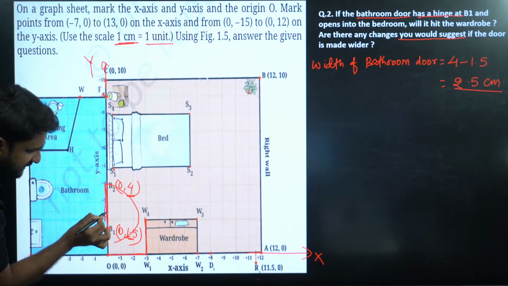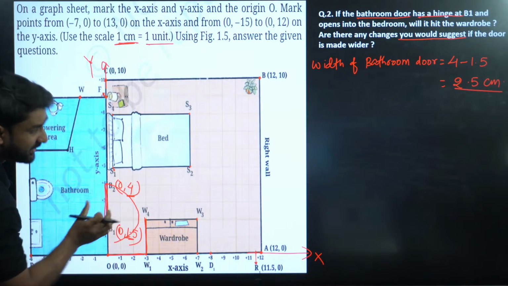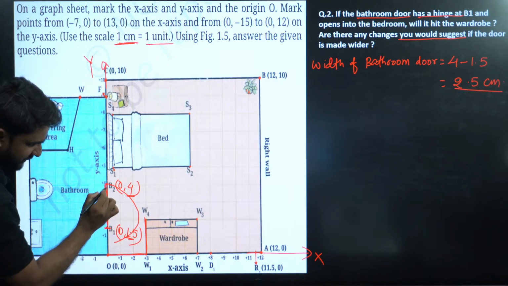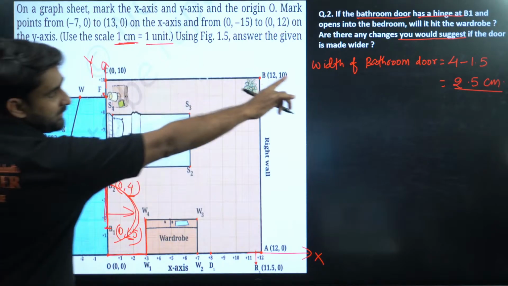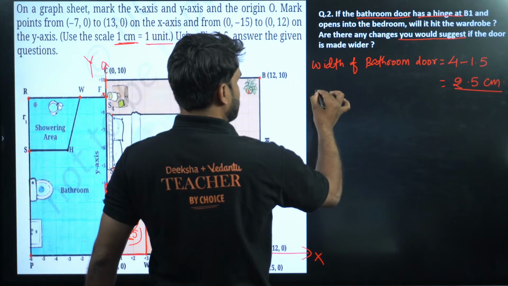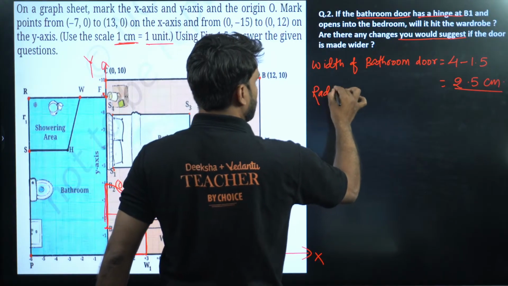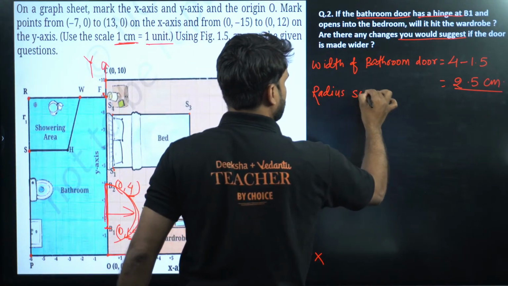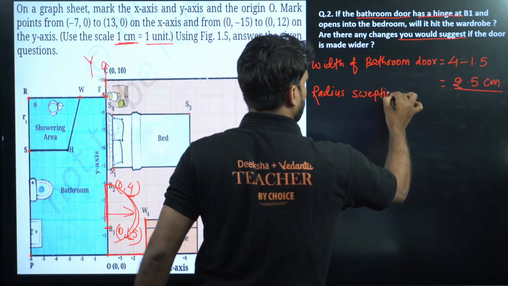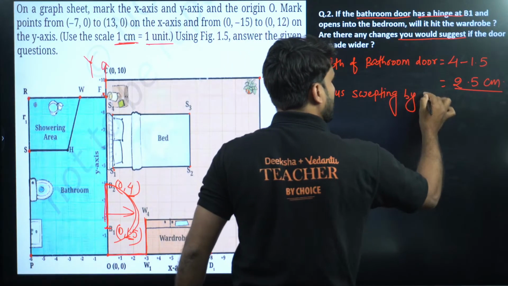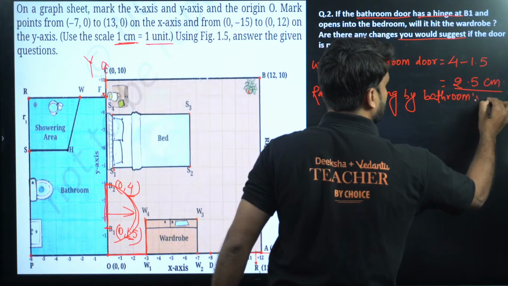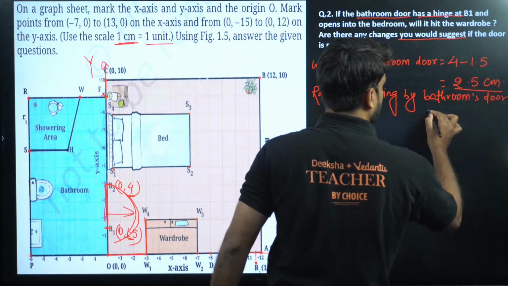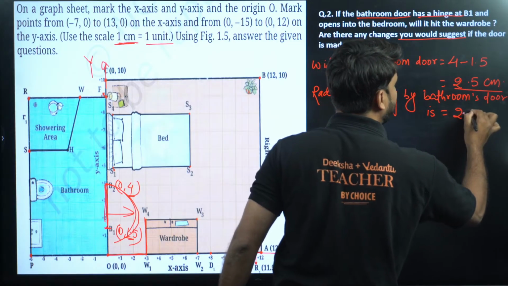So this will be the radius. What will be the radius of the door opening that will be sweeping? The radius swept by the bathroom door is 2.5 centimeter.